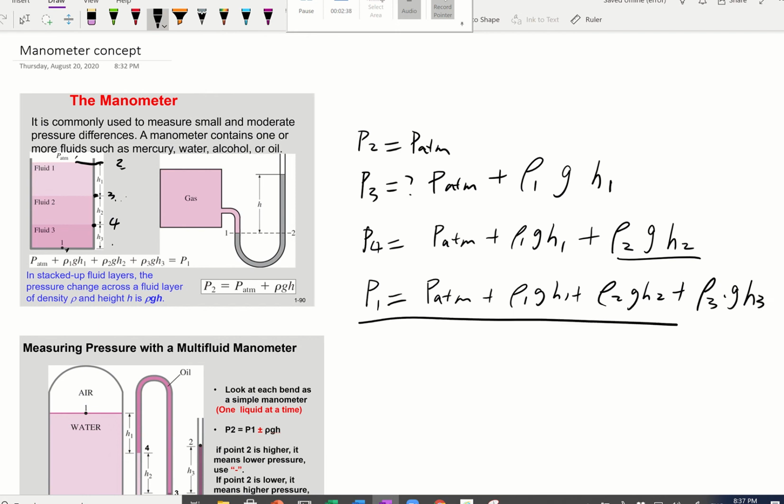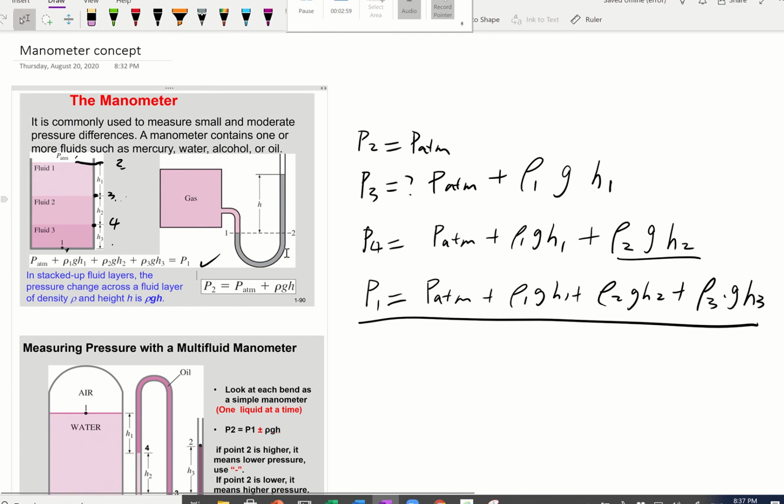That gives the pressure at the bottom, point 1. So in a stacked fluid layer, the pressure change across a layer of a given density and height is rho g H.